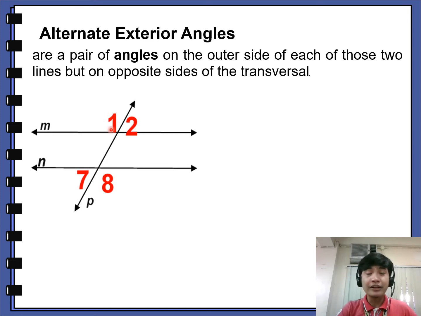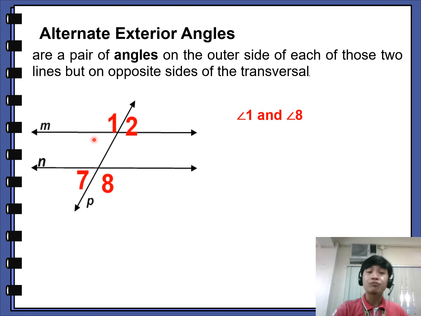Okay? So, may supplementary angles doon. Si angle 1 at angle 7, though hindi naman sila adjacent, ang criteria na violate nila is they must lie on the opposite side of the transversal. So, ang kapartner ni angle 1 ay si angle 8. Okay? So, angle 1 and angle 8, yan po yung unang pares ng alternate exterior angle.